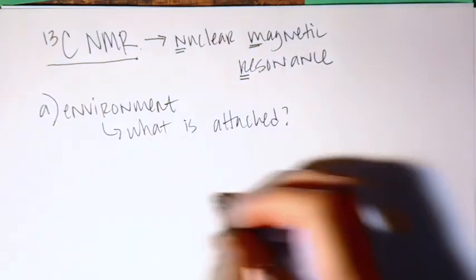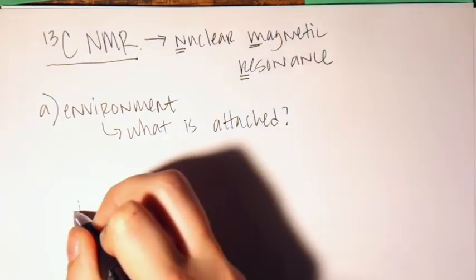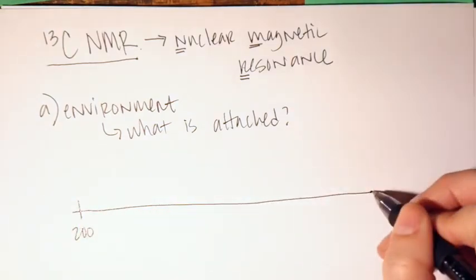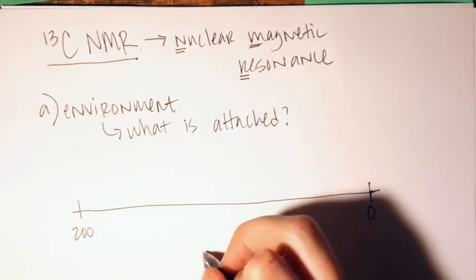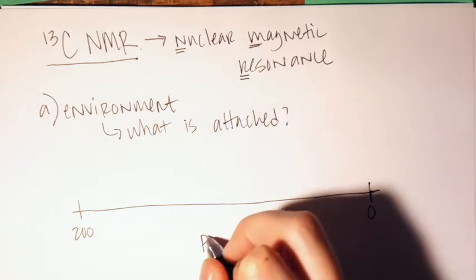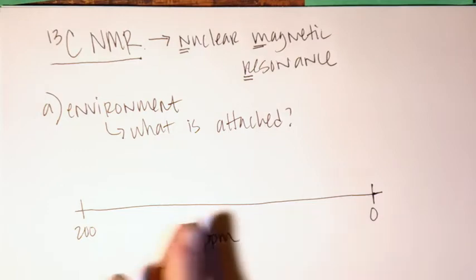And so in an NMR spectrum, it generally runs for carbon 13 NMR usually from a scale of 0 to 200. And these units are in a unit called ppm. And that stands for parts per million, but it's kind of just a random arbitrary unit that they use to just kind of show the different regions.